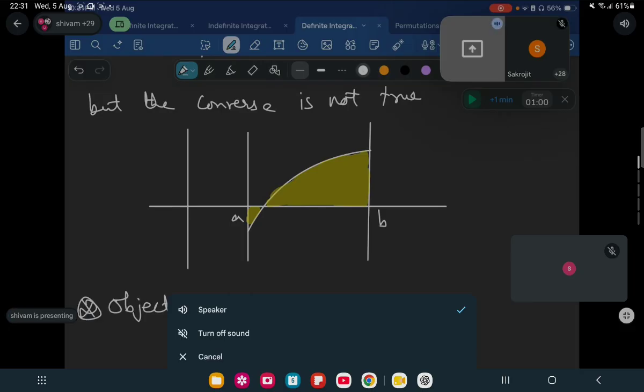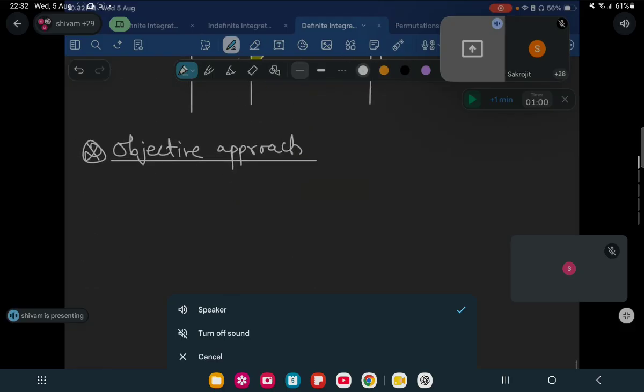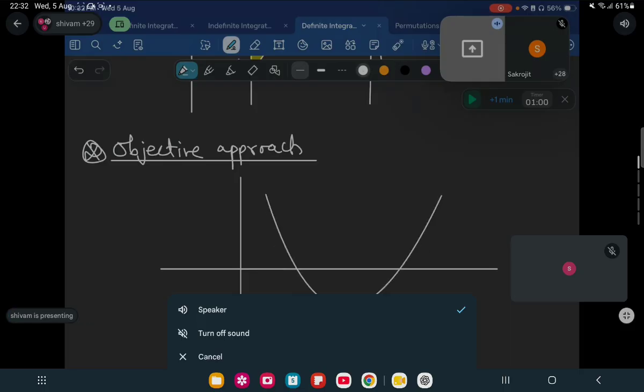Objective approach. Pay attention, how you can go with some objective approach in the exam. Suppose you are getting a curve like this, and let us say that the interval is 2 units, height is 1 unit.